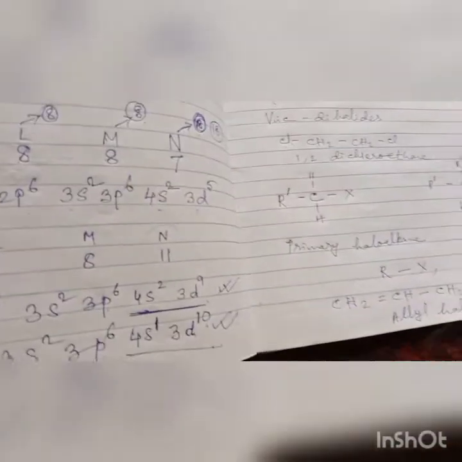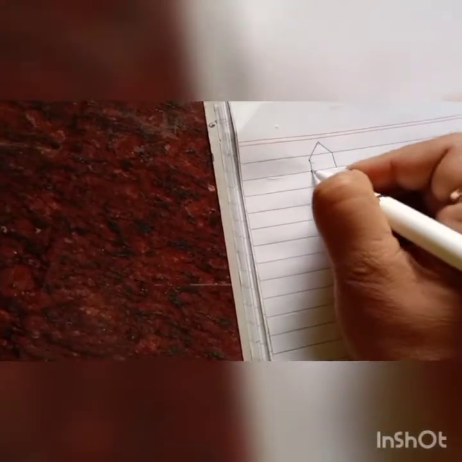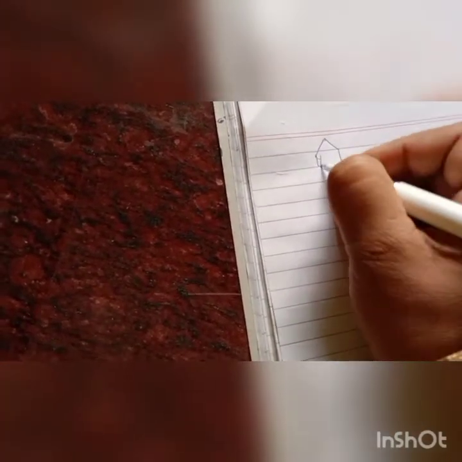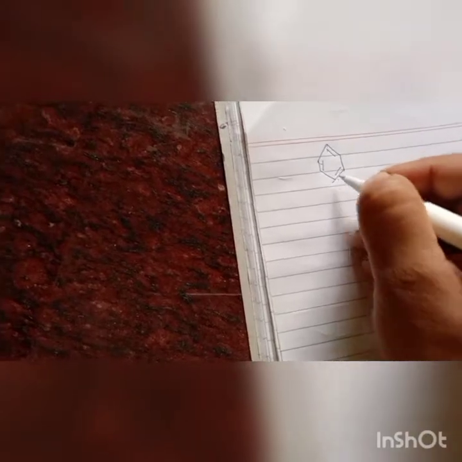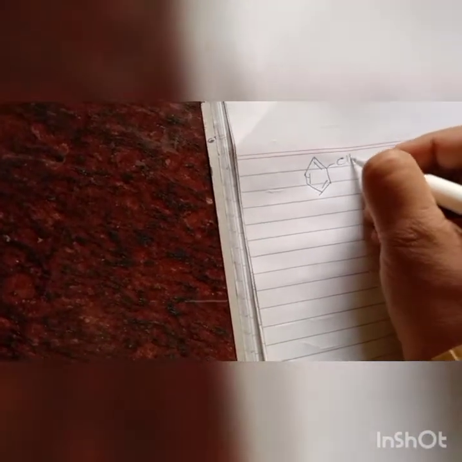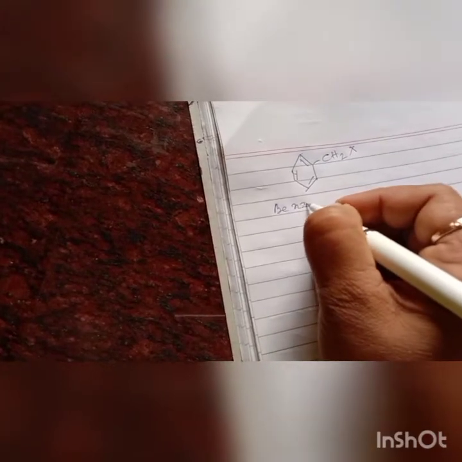This is allylic halides. Now benzylic halides: C6H5CH2X. This is benzyl halide.